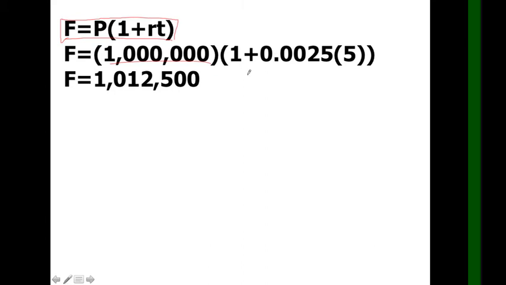Actually, this one, you can type this in your calculator. So, kung paano siya nakasulat dito sa PowerPoint, ganun mo siyang itatype sa calculator. So, you should write open parenthesis, 1 million, close parenthesis, then open parenthesis ulit, and then 1 plus 0.0025, then close parenthesis, open parenthesis, 5, which is the time in years, and then close parenthesis, and then click equals.